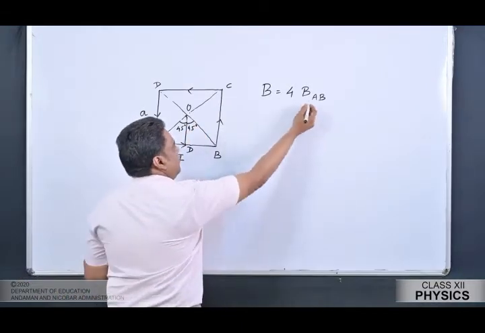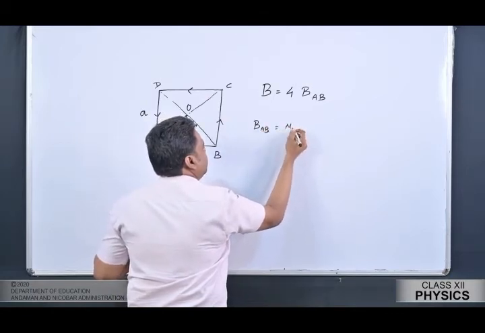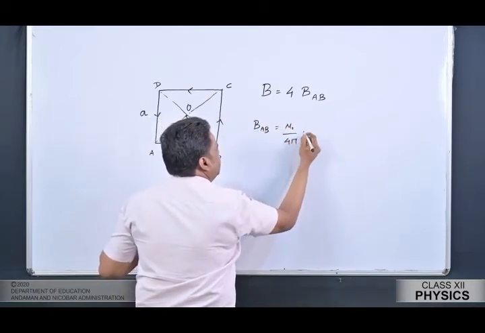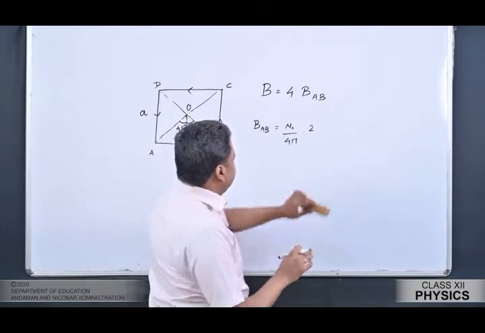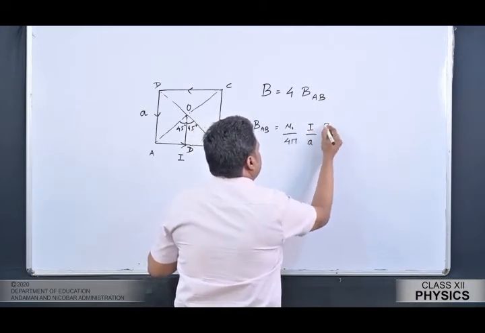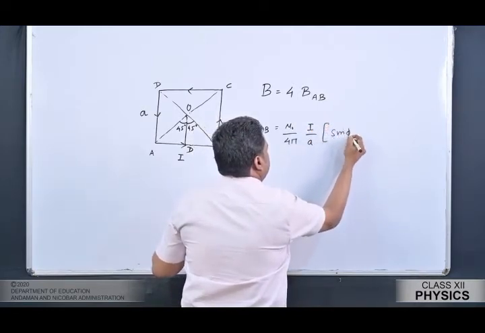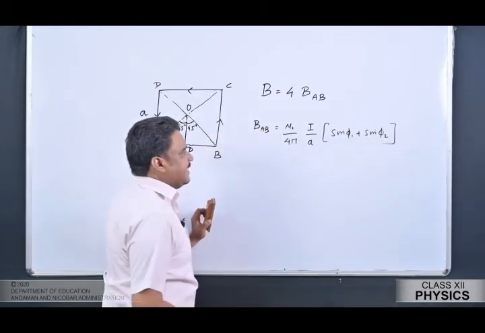Now, what about the formula for BAB? It is mu naught by 4 pi, I by A, into sine phi 1 plus sine phi 2. I think you can recall this formula for a finite length.